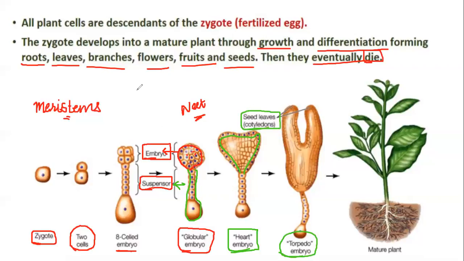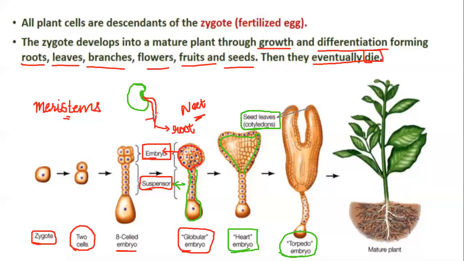Suppose you consider this to be a seed, such as a pea or bean seed. You will have a small white scar over here, which you can call the hilum. From this, a small portion grows downwards, and the portion that grows downwards grows as the root.